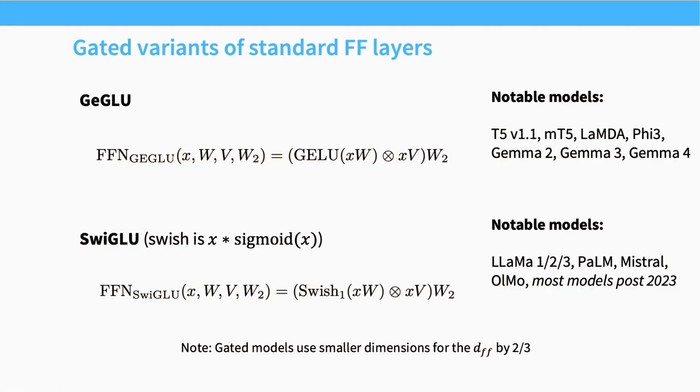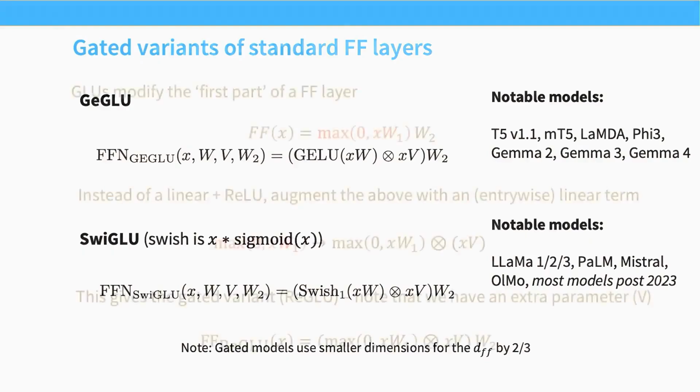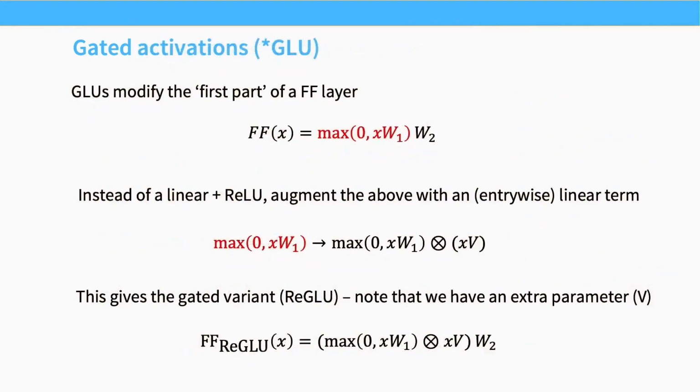Now, here's a side note that will be a semi-important piece of trivia later. If you look up here, you will notice that there are more parameters for the gated model, because I now have this parameter V. So if you do a little bit of math, I now have 3 matrices instead of 2 matrices.